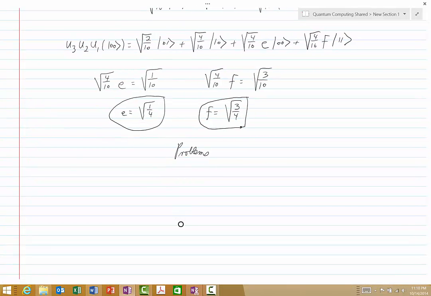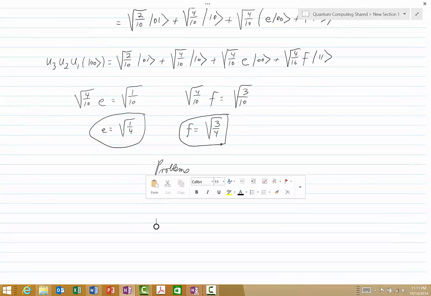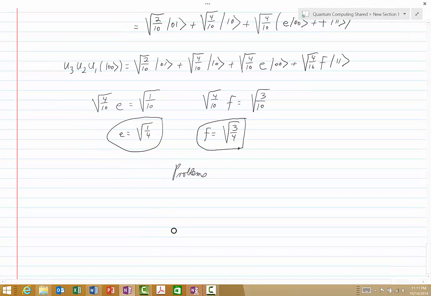Suppose, for some reason my pen is not working here. Let me break for a moment. Okay, sorry about that. And now the eraser is not working. So indeed, let me break for just a moment.